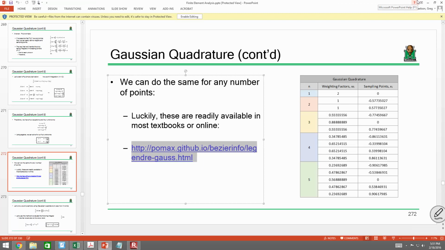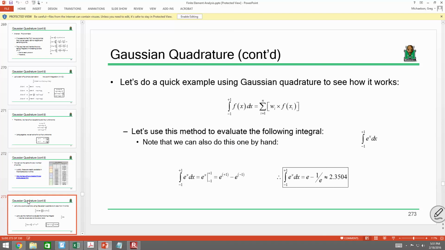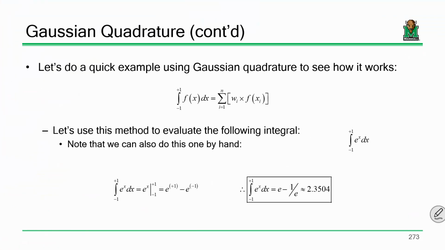But it is very common to see an isoparametric element with 2-point integration or 3-point integration. The reason I'm doing all of this is because when you run Abaqus or ANSYS and start saying what integration scheme you're using, now you know what it's talking about. Everybody okay with this? All right.